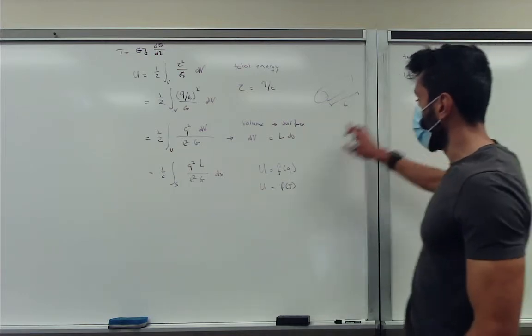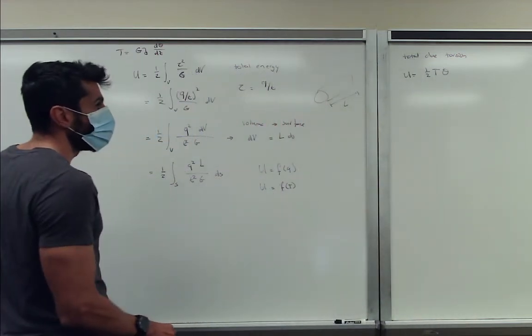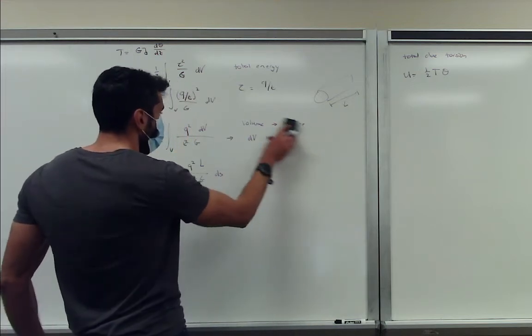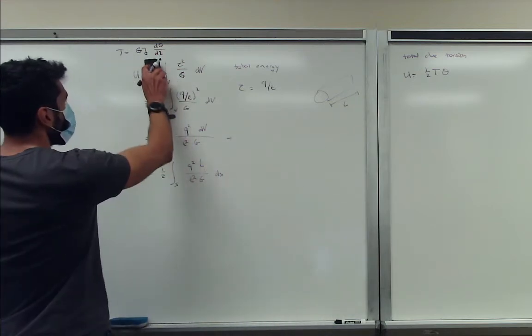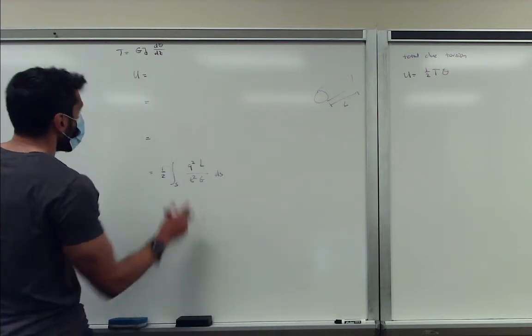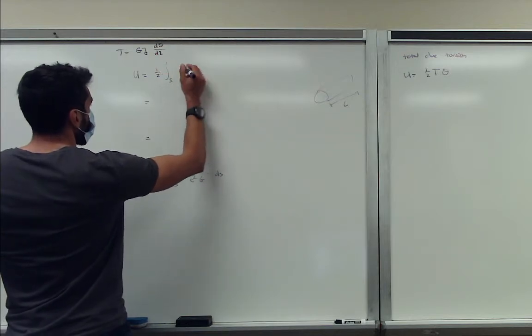So now basically what we can do is equate these two together in order to get a function for the rate of twist eventually. So let's delete this, move this up. So we set here, we transform this to a surface integral.